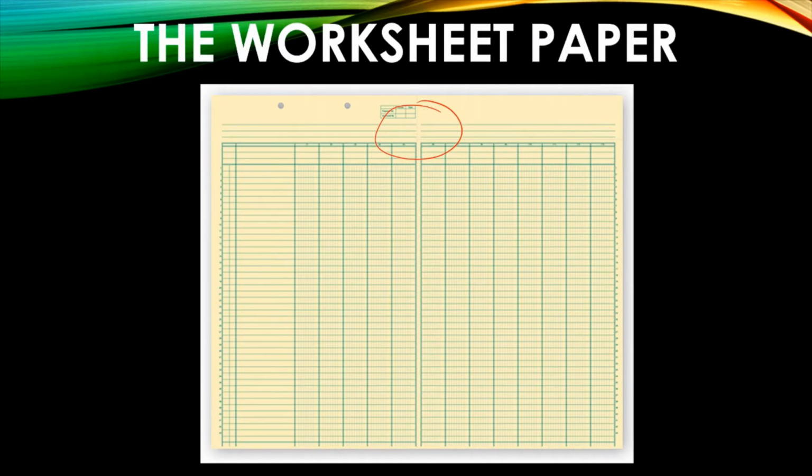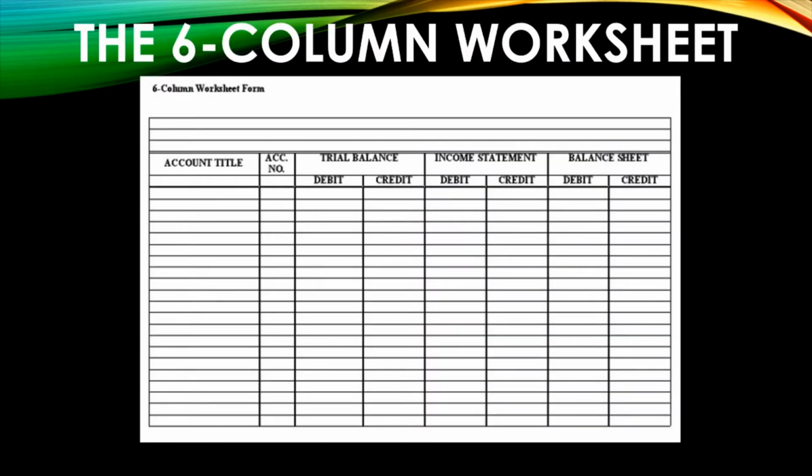So there are generally three types of worksheet preparation. First one is what we call the six-column worksheet. Though literally it is more than six columns, what we are considering six columns here is this: the two columns for the trial balance, the two columns for the income statement, and lastly, the other two columns for the balance sheet.